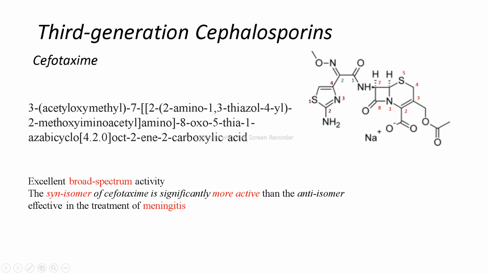Of course acetyl, because the first letter A is the same, but after A, the second letter is C in acetyl, while here it is M in amino. Hence, we have to start the IUPAC nomenclature from this acetyl group, right? So, we'll start the IUPAC nomenclature from the third position of the cefotaxime.